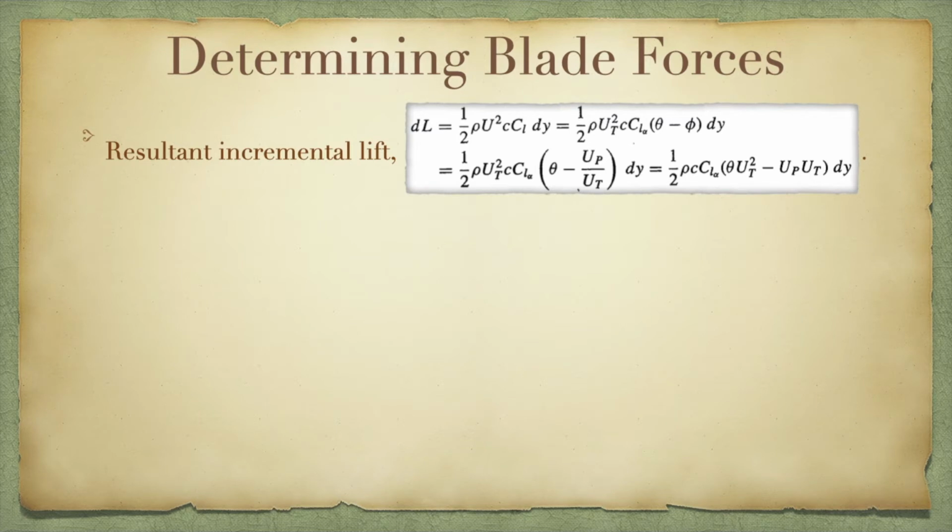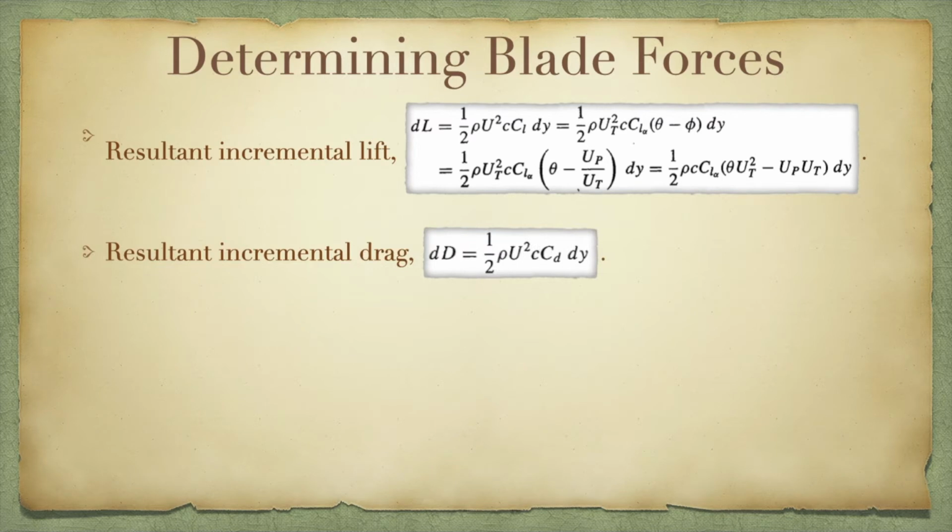We get 1 by 2 rho UT squared c CL alpha, theta minus phi, dy. On simplifying this, phi is UP by UT, and we get 1 by 2 rho c CL alpha into theta UT squared minus UP UT, into dy. This is the resultant incremental lift.